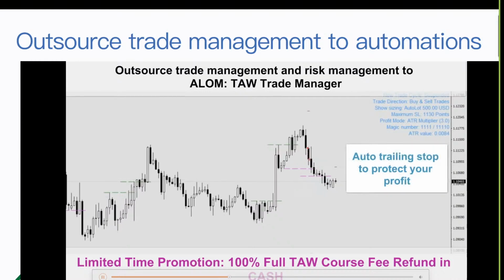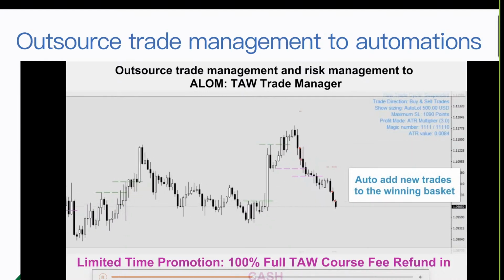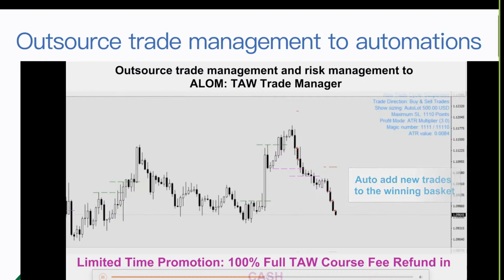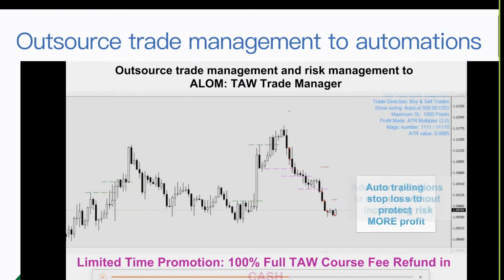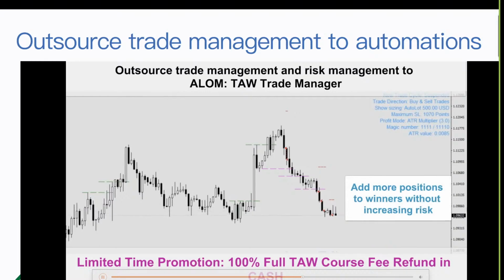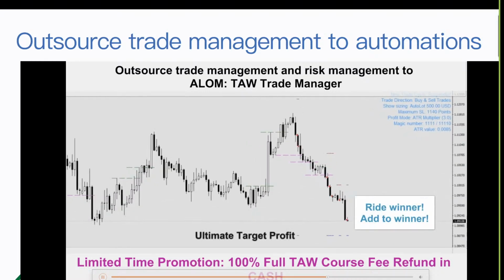If your existing trade is profitable, it shifts the stop loss for you, and ultimately it will take profit for you as well. TradingView doesn't have the automated version, but in MT4, yes, we have the automated version already.